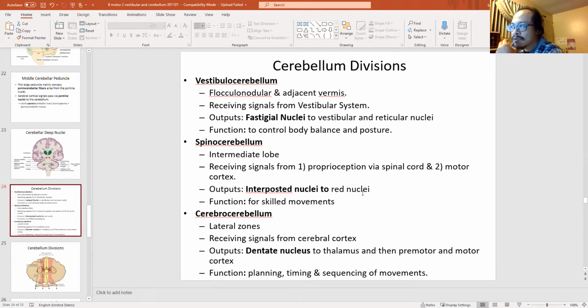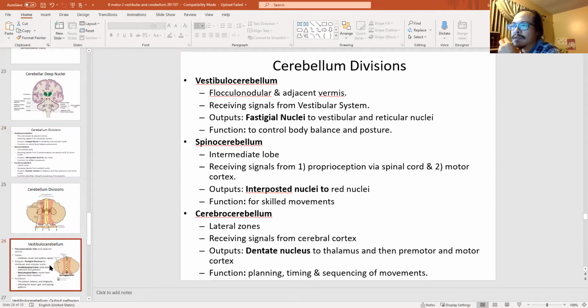If it's to the red nucleus, we know that is for the skill of the movement, to improve the performance of the movement. If it's from the dentate back to the cerebral cortex, it's about the movement planning, the sequencing of the movement. It's more like calculating before the movement. So it's back to the brain, and from the brain they will be getting more information, and then we have the movement. So that's that.